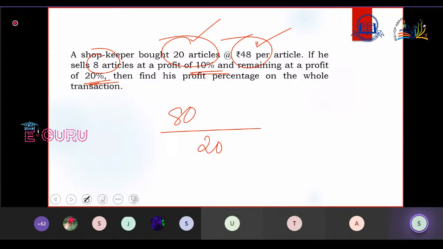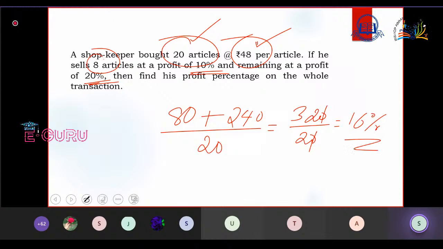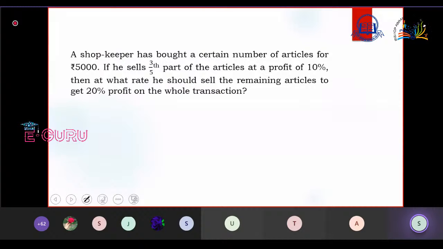So 20 plus 20 plus 20 plus 12 times means 12 into 20, sorry, 12 into 20, you will get 240. So the final outcome will be 320 divided by 20 equals 16. So 16% will be the total profit percentage on the whole transaction. 16%. Okay.